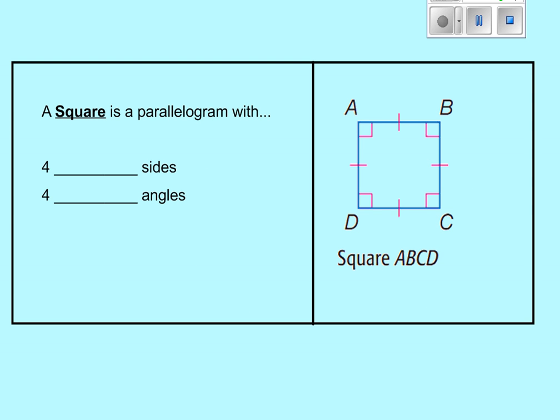So a square is a very, very special, very specific kind of parallelogram. Here's what you have to remember about a square. A square is a parallelogram with 4 congruent sides and 4 right angles. Basically, a square is a rhombus and a rectangle. Everything that's true about a rectangle is true in a square. Everything true about a rhombus is true with a square.